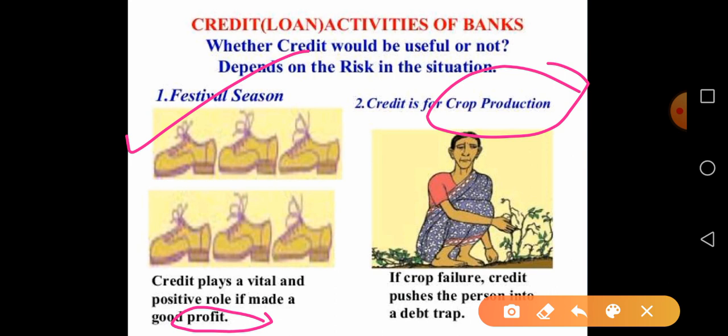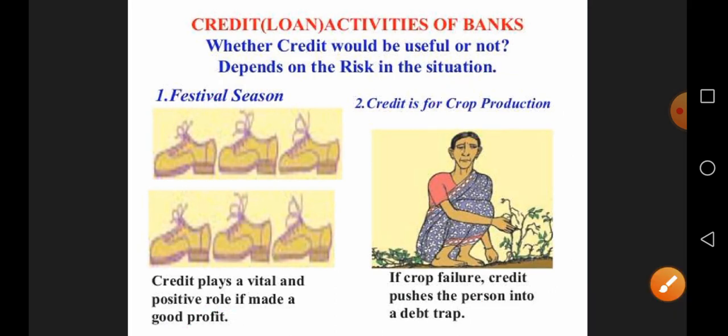If the crop production fails, the credit puts the person into a debt trap. So when we want to take a loan, we have to be very careful whether it is really necessary, as we have to pay a huge amount of interest on these loans.